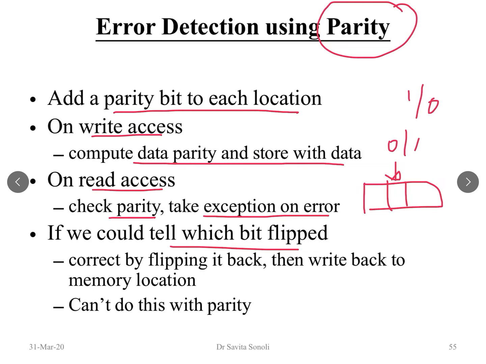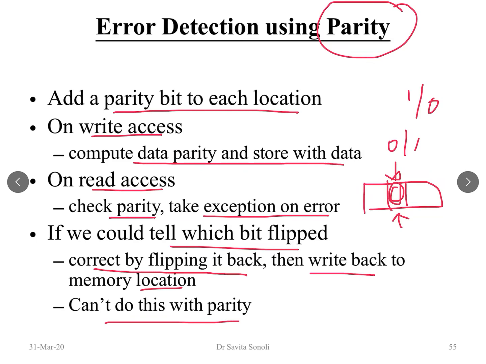That means if 0 has become 1, we can flip it back to 1. So we are going to correct it by flipping it back and then write back to the same memory location. So this is very advantageous, right? We have identified the error in the memory, and we are going to detect and correct it.